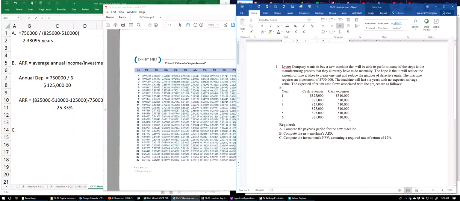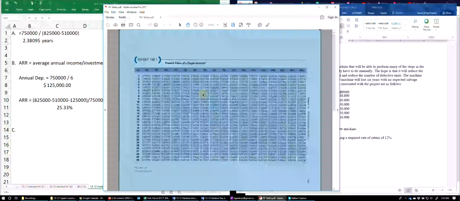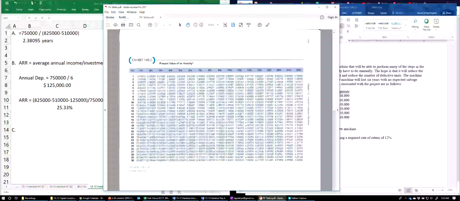The difference between those for 6 years, that payment of money spaced out at an equal time interval is an annuity. So this is the chart that we're going to look at. 12% is the relevant column, and we'll go down to 6 periods.